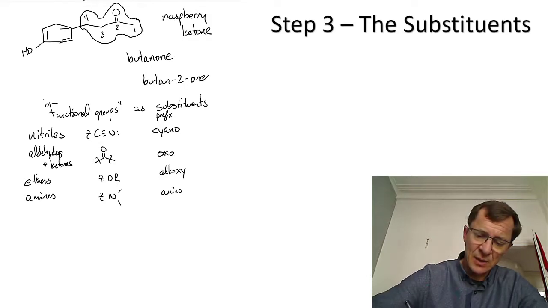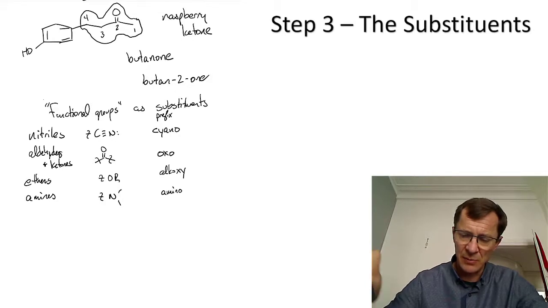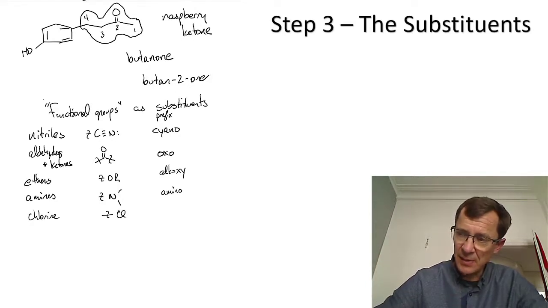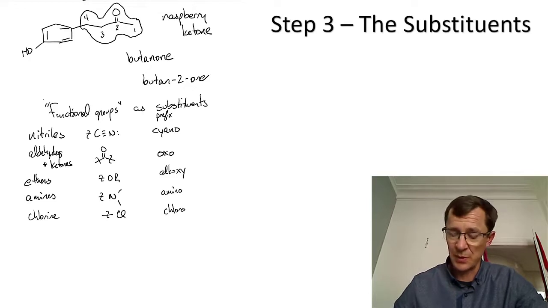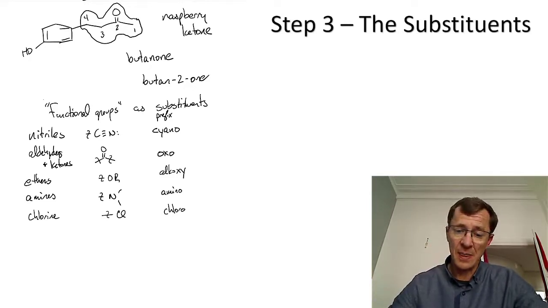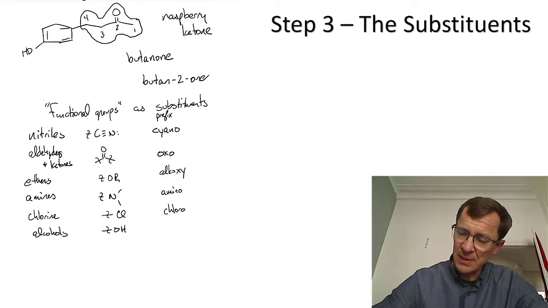And then things like chlorines and bromines and iodines and fluorines, and that one I can never remember the name of because it's radioactive. Cl, that would just be chloro, or bromo, or iodo, or fluoro, and so forth. Now, back to raspberry ketone. Oh, and alcohols, of course, which I said but didn't write. That's hydroxy.